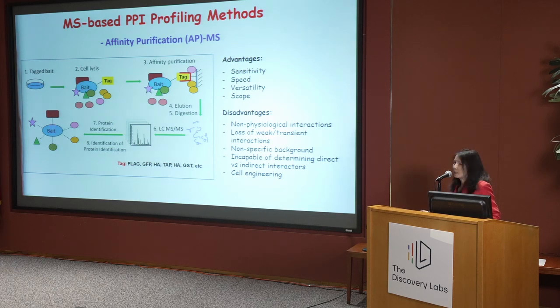Also, although you can identify the composition of the protein complexes, it doesn't give you the information to determine direct or indirect interactors. And because it requires a tagged bait, it needs cell engineering, so that would eliminate its application to clinical samples.